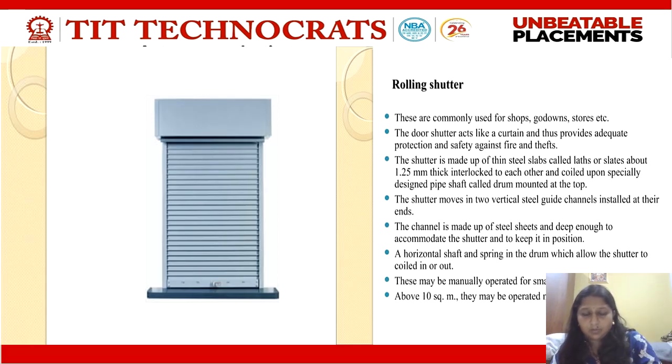When I pull it down, the string starts twirling and gets separated so that I can close. At the bottom I have a handle and the locking arrangements. Such a door is called what? Rolling shutter. Generally used in shops, godowns, etc.